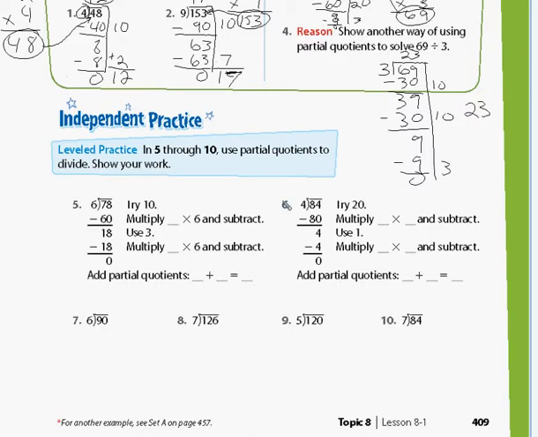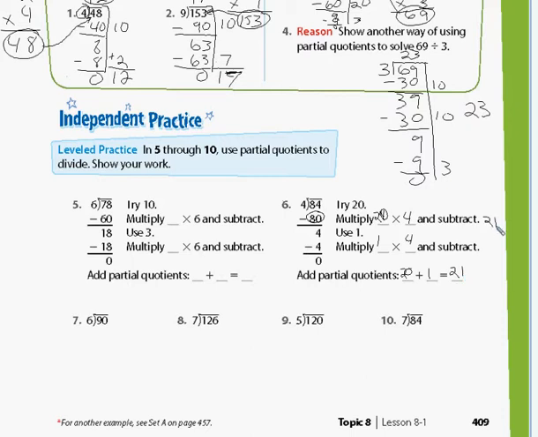So 20 times 4 is 80. You subtract that from 84, you get 4. Then 1 times 4 is 4, and you subtract that from 4, you get 0. So you're going to add 20 plus 1, you get 21. And we'll check it to see if we did it correctly.